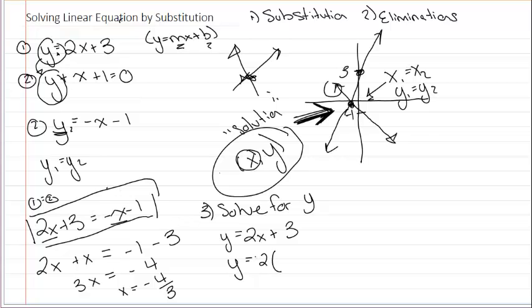So by plugging in negative 4 over 3, I'm asking myself, what is the y value when both the x values of the lines are the same? Okay, and then you want to do a common denominator to figure out the final answer for this, and you'd have your point.